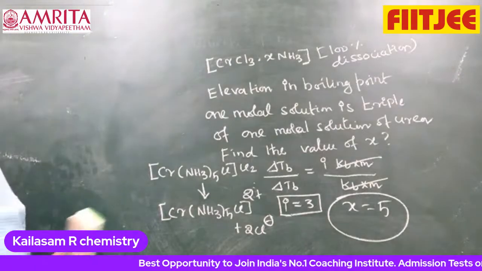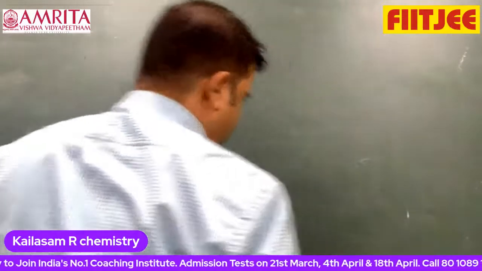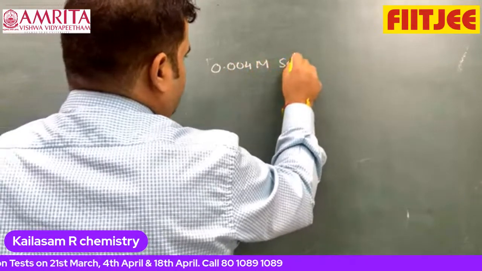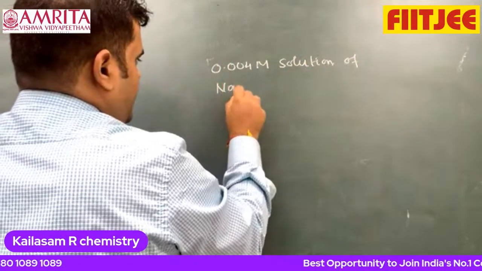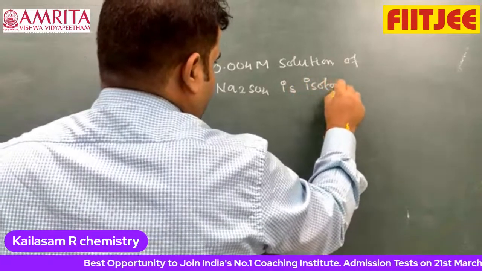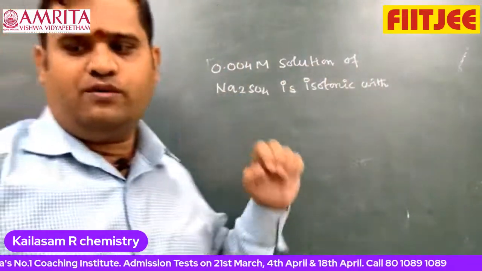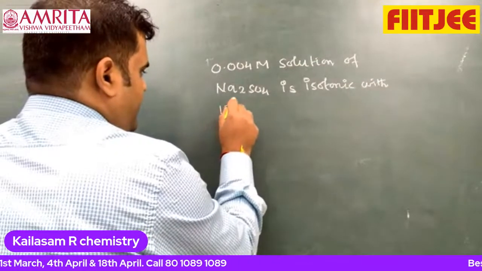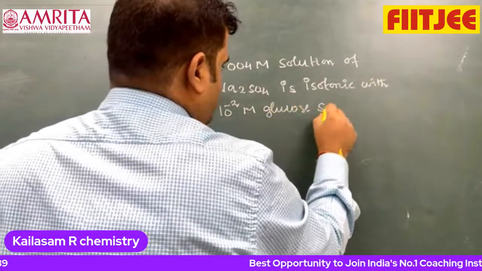The question is, I can say, a 0.004 molar solution of Na2SO4 is isotonic with 10 power minus 2 molar glucose solution.